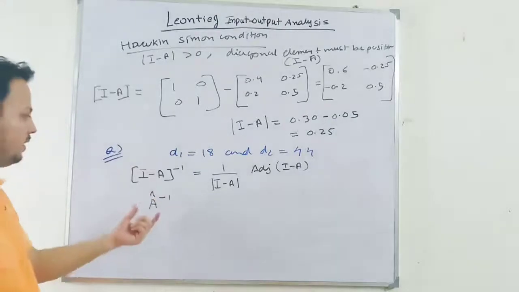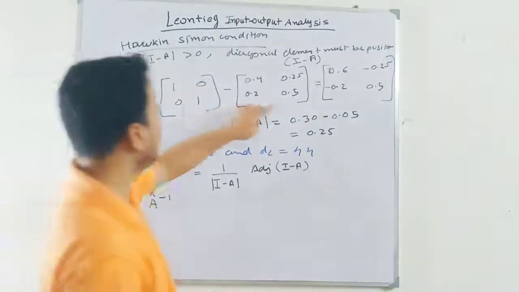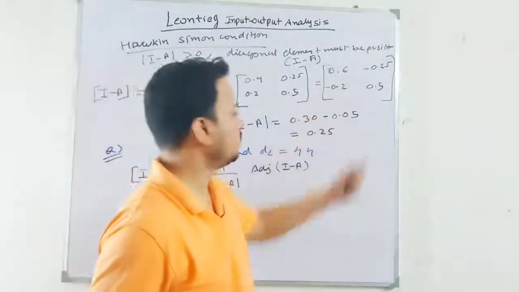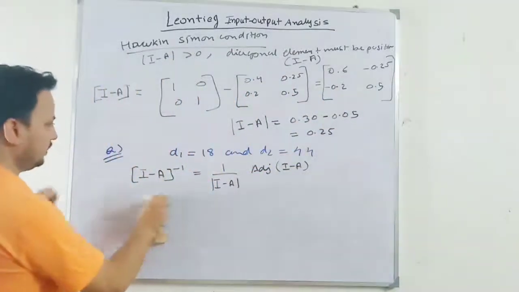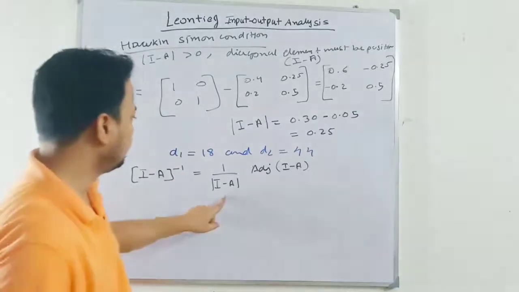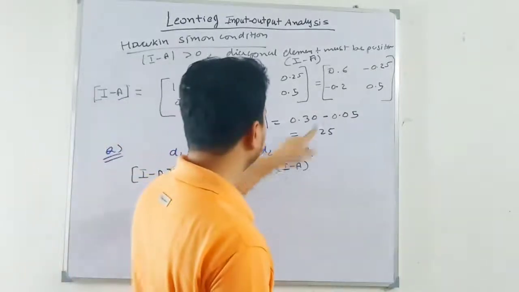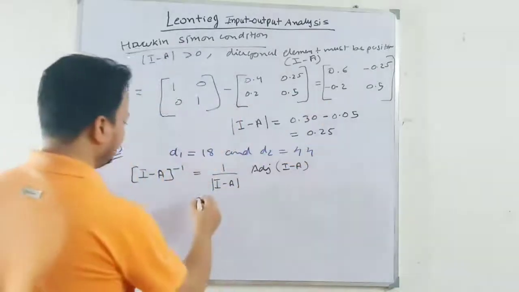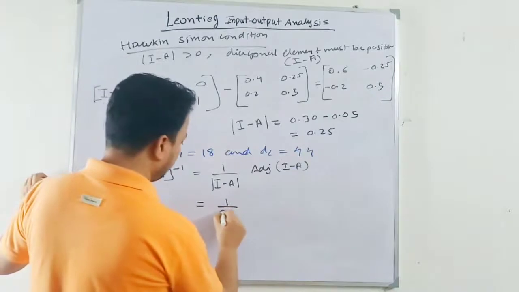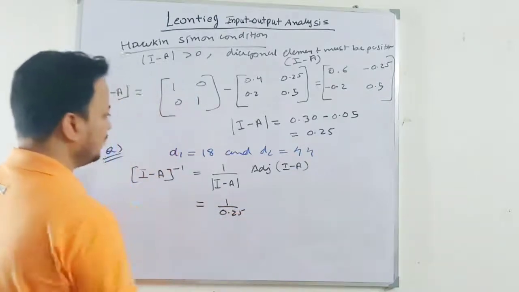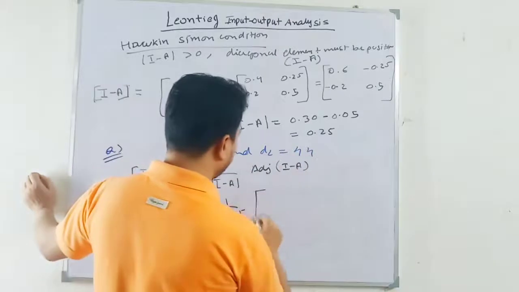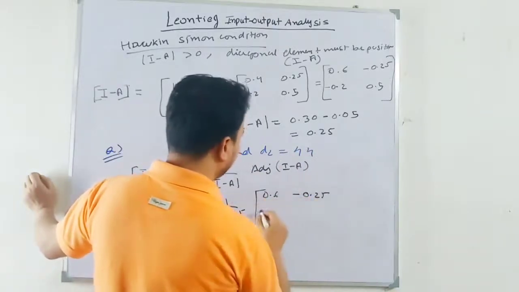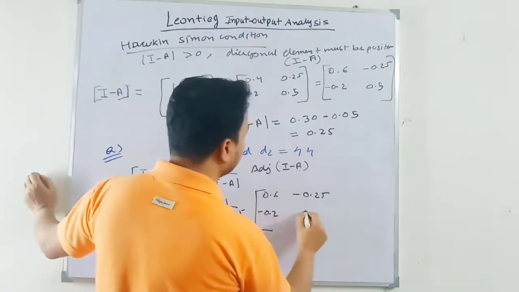So we know this is 0.25, so put it as 1 over 0.25, times the matrix 0.6, minus 0.25, minus 0.2 and 0.5.